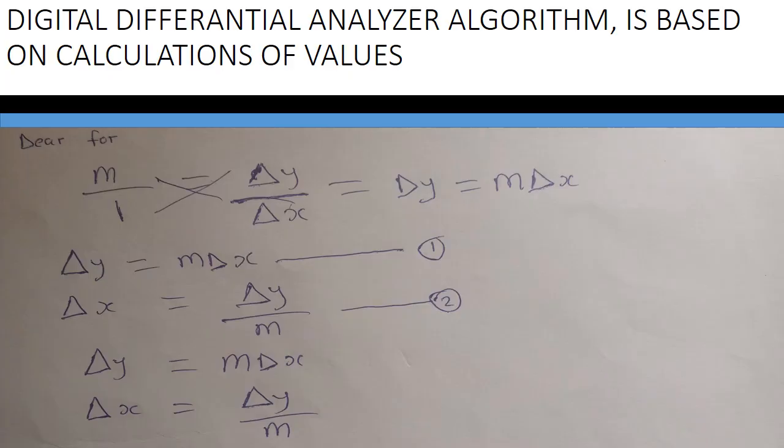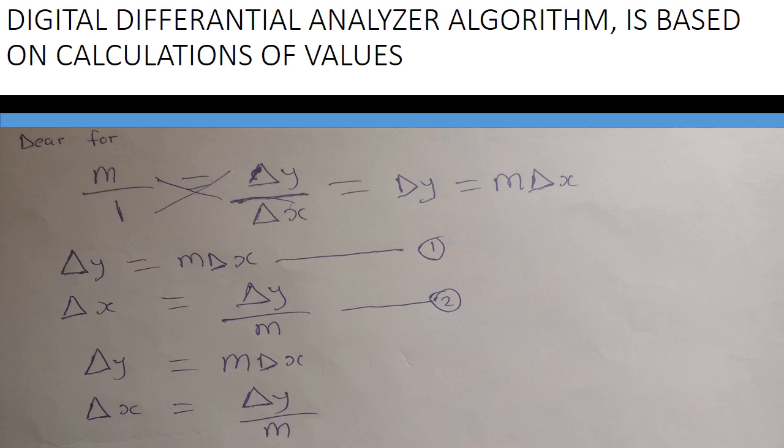So this is the Digital Differential Analyzer algorithm. It is based on calculation of values. As we said earlier, m is equal to dy/dx, so we are going to provide 1 under m so that we can balance this dy/dx. After we input 1, we cross multiply between dy/dx and m/1.